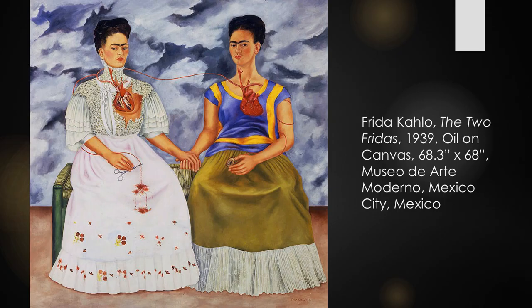On the right, she's shown in traditional Mexican Tehuana dress. The hearts of the two Fridas are connected with a blood vessel. Some scholars believe this painting is about Kahlo's dual heritage. Her mother was Mexican and her father German, while others believe that because this painting was created after her divorce from Diego Rivera, this painting is a statement about his rejection of her European heritage. Either way, this was meant to be a statement about herself.